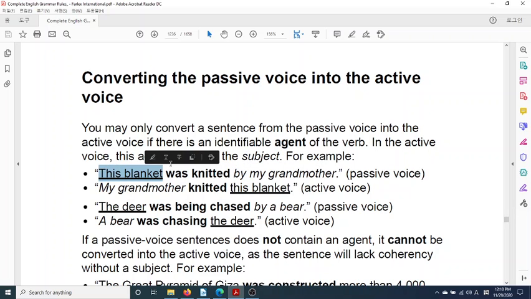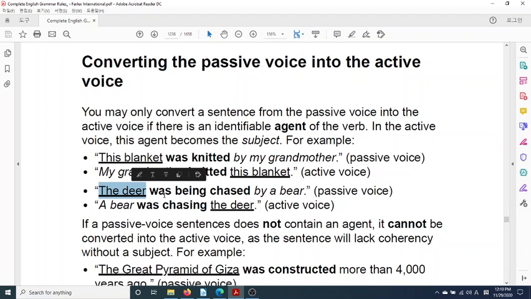This blanket, subject and object, was knitted, verb, by my grandmother, agent. To make this active, you just move grandmother back to the front to make it the subject. My grandmother, get rid of the was, knitted, and then put this blanket after to make it the object. Subject, verb, object. Boom.